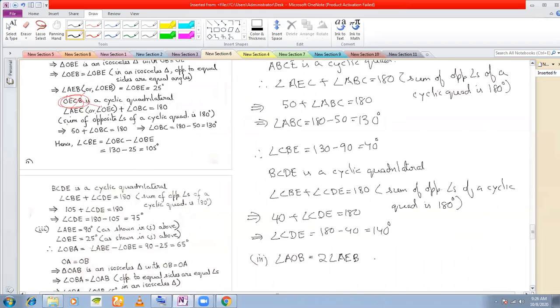The reason is the angle subtended by an arc at the center is double the angle subtended by it on the remaining part of the circle.